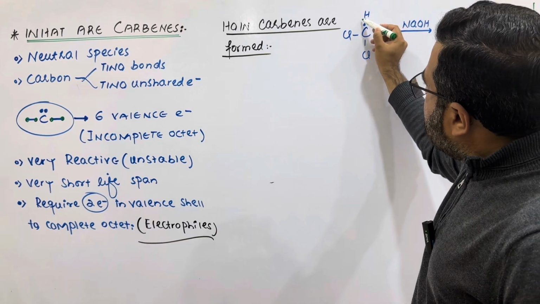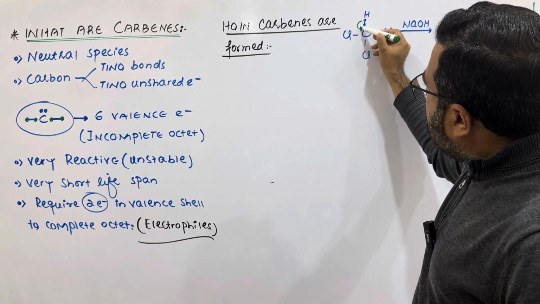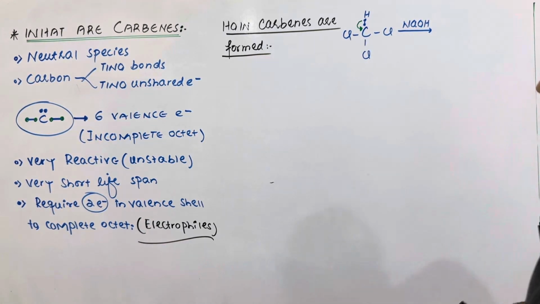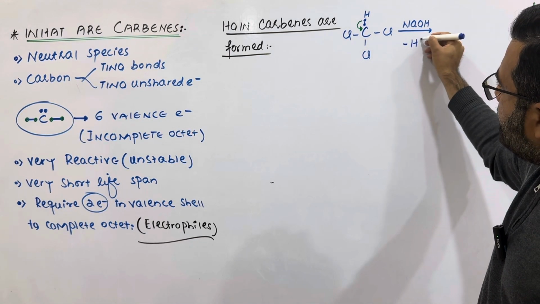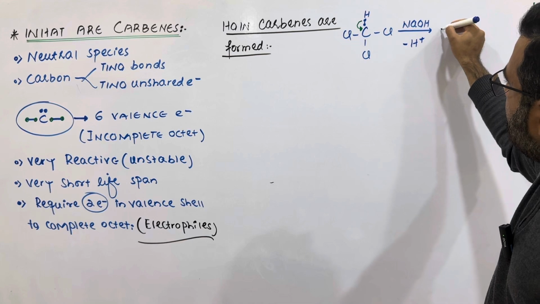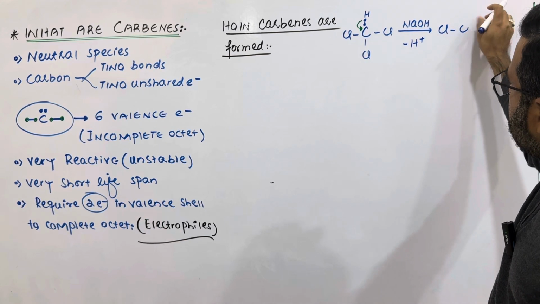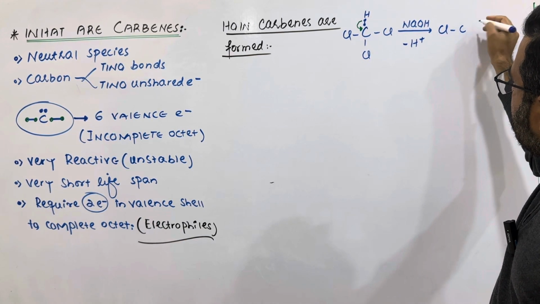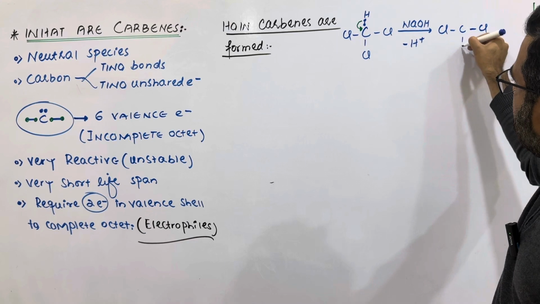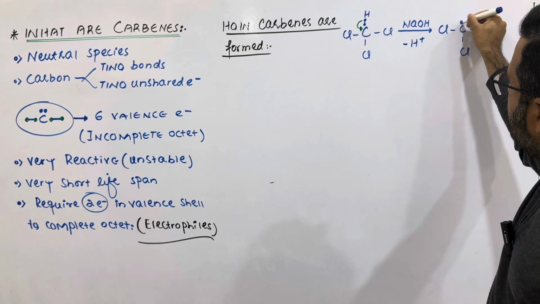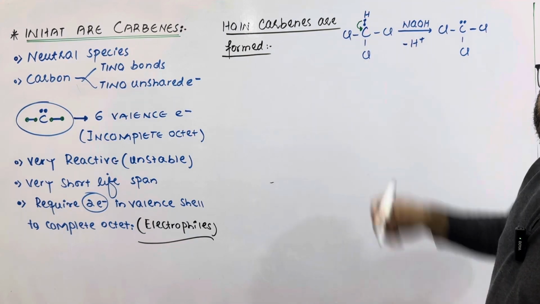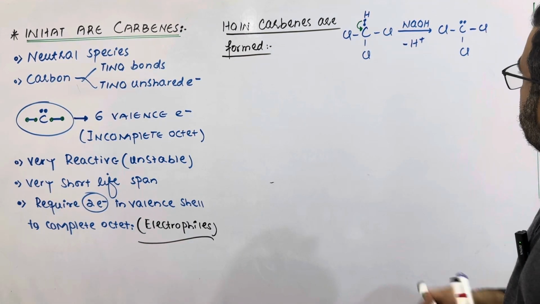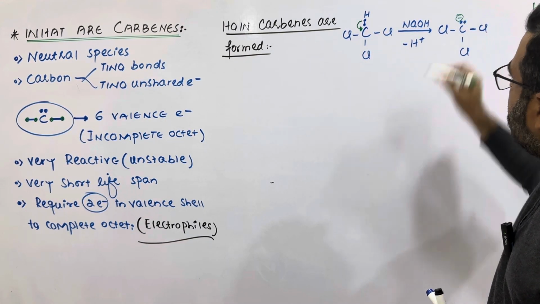So both these electrons will be given to this carbon and there will be removal of H positive ion, and then you will get carbon, Cl, Cl, and there will be two electrons, one electron of the carbon and hydrogen has also given its electron to the carbon, so it will become negative.